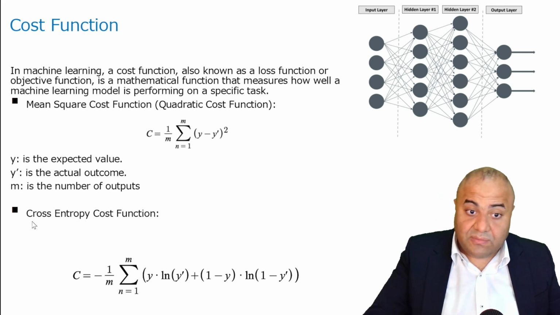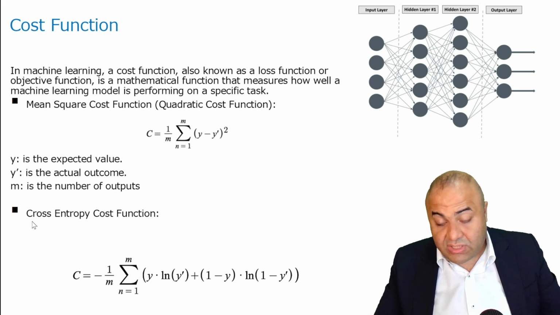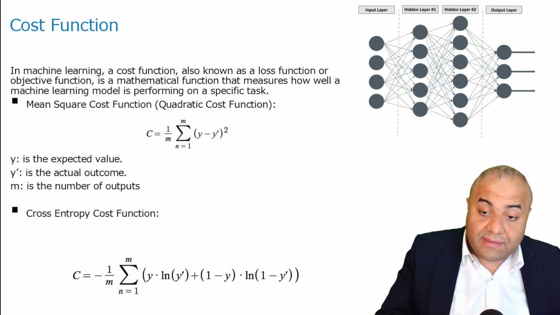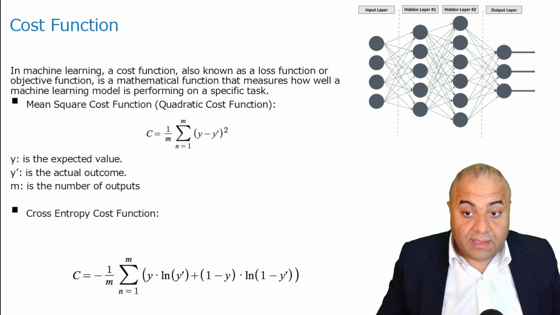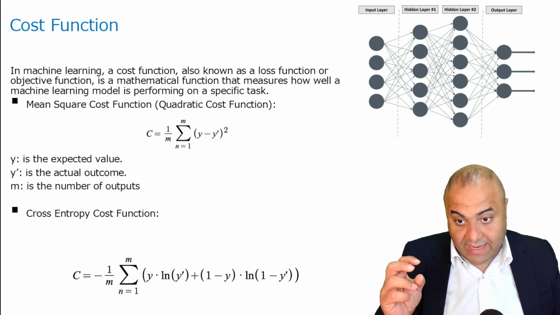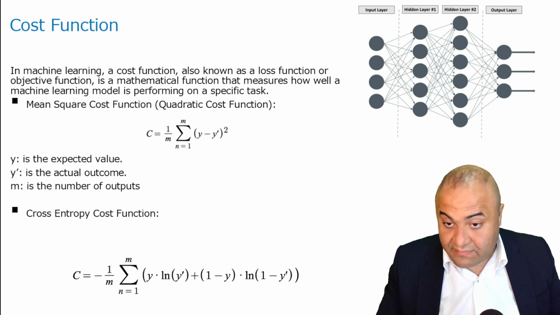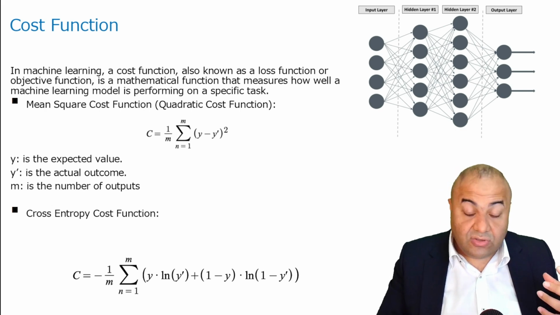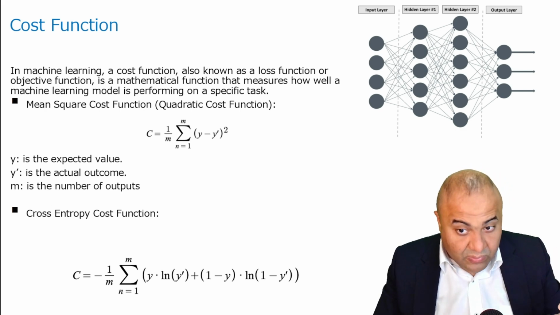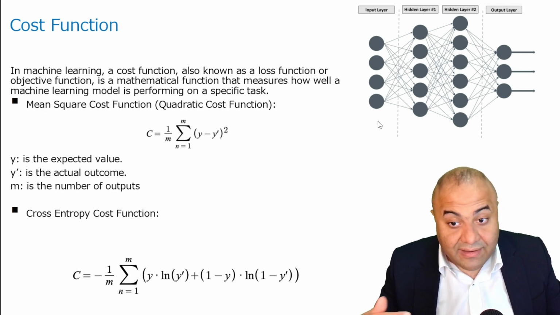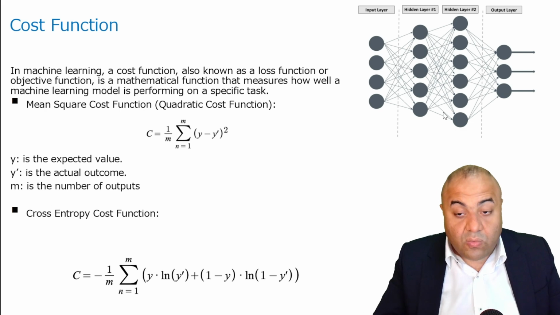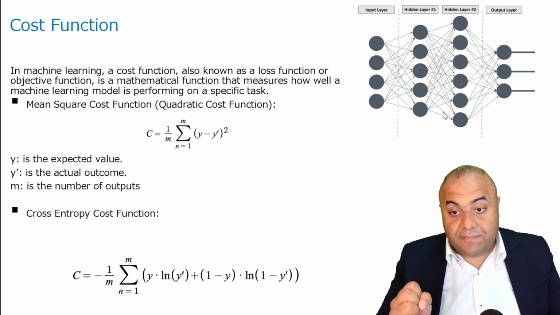Another option is what we call the cross entropy cost function, and it has a different formula that is always based on the idea of comparing the actual, expected value with the value from our network, that is, what we predicted based on our input and the current weights and biases of the network, with the actual value of that training data.